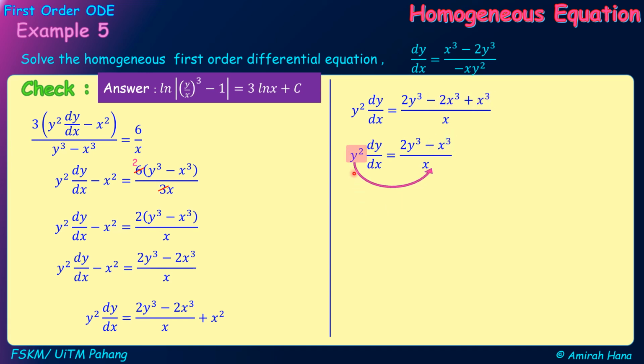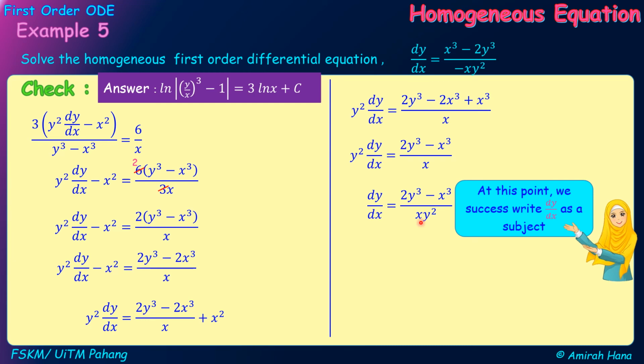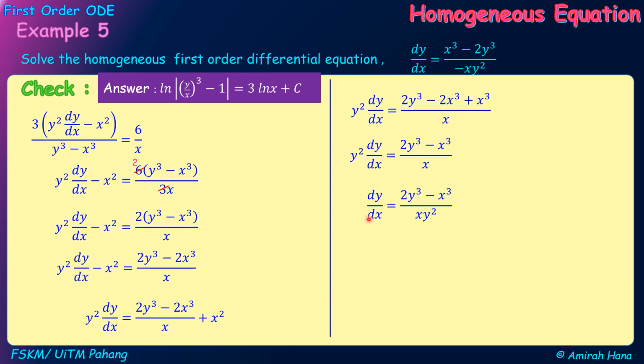Then we can move y squared to the right hand side. So we get dy over dx equals 2y cubed minus x cubed over x, and then y squared here. Alright, at this point, we have succeeded in writing dy over dx as the subject.